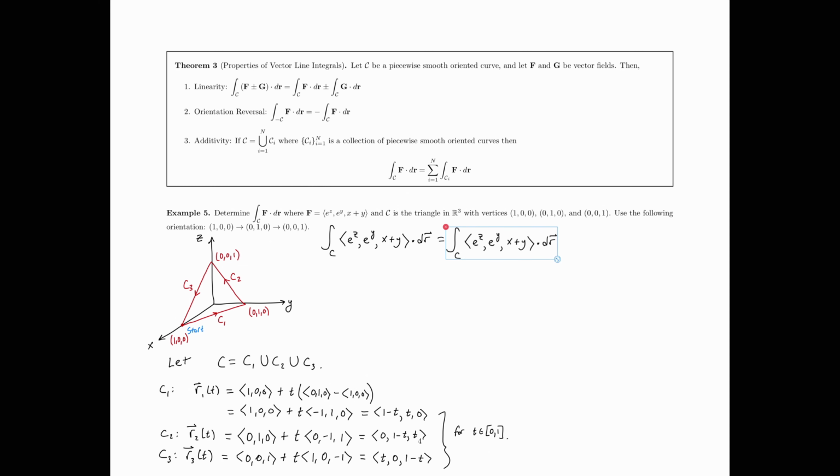So the first one would be over C1, plus what we get over C2, plus what we get over C3. That is a bit of work, but let's go ahead. The nice thing is, all these integrals here are over the same range.